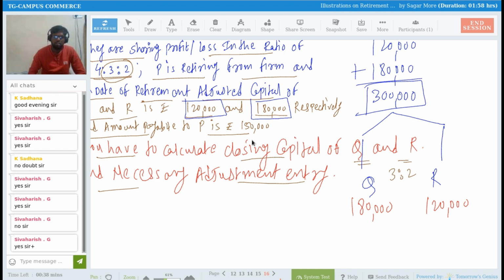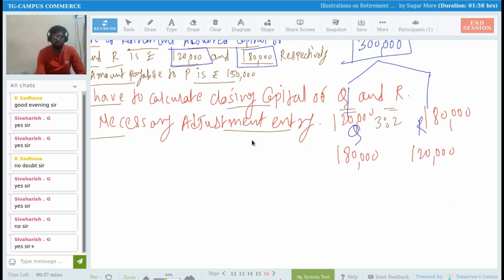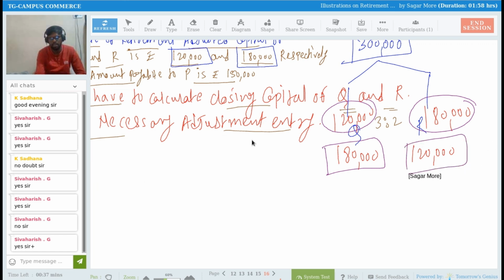1,80,000 and 1,20,000. So if you see, before adjustment, their capital were 1,20,000 for Q and 1,80,000 for R, right? Now their closing capital is 180 and 120.